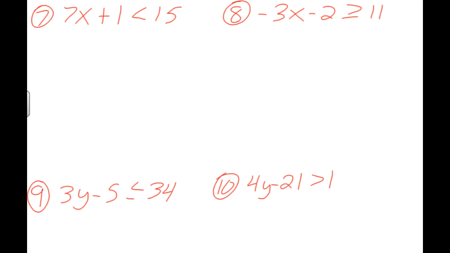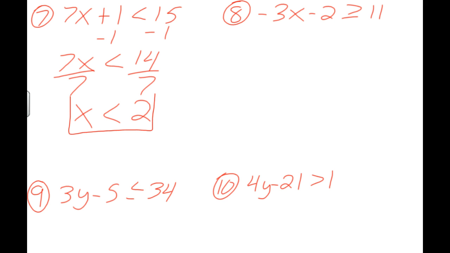Now, when you got these in your assignment, it's because I hadn't gone over this exactly, but this is way simpler than you think. First of all, don't graph it. Just solve it. Meaning, subtract 1, 7x is less than 14, divide by 7, x is less than 2. Don't go through the process of graphing it because you have to go back to previous chapters to learn how to graph these types of problems, and it just becomes harder.